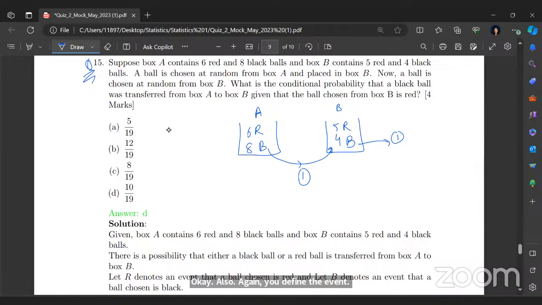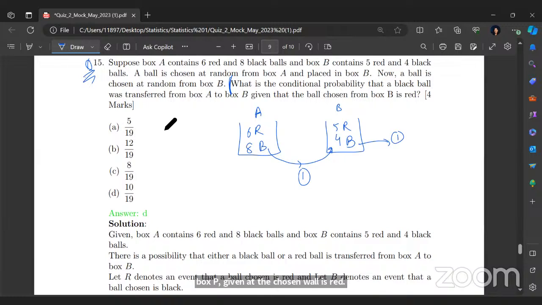So let's define what is the question asked. The question asked what is the conditional probability that a black ball was transferred from box A to box B, given that the chosen ball is red.